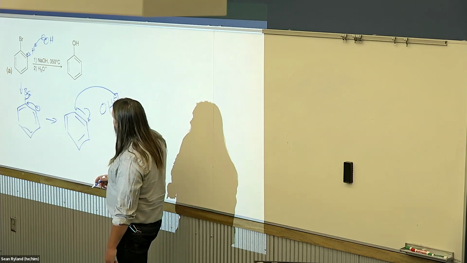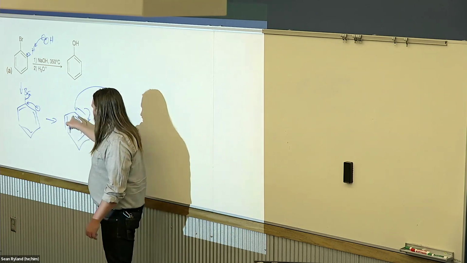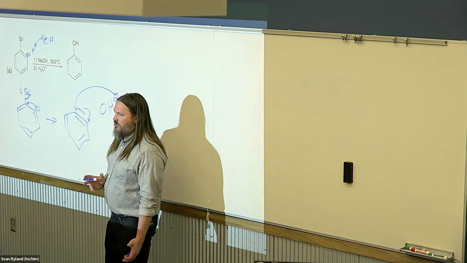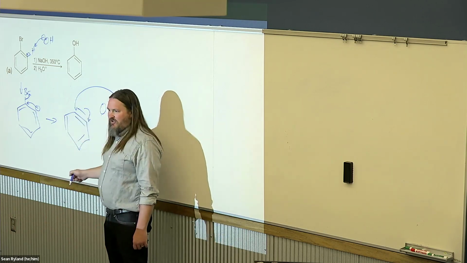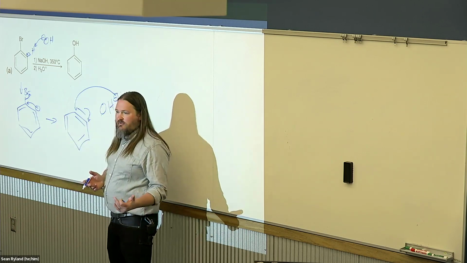And really, this step, once you make the benzyne, both of these carbons are equally valid as the target. Which obviously we can't tell the difference between them here, but if we did have another substitution, you could draw it either way.